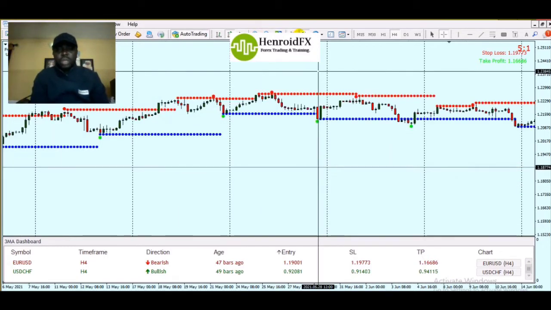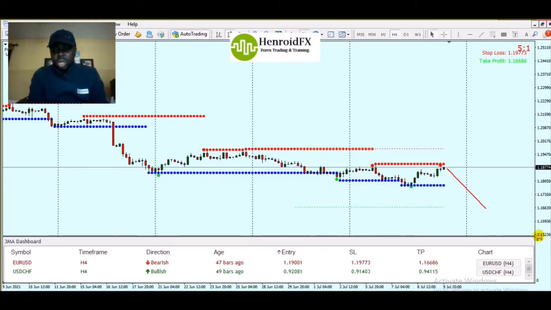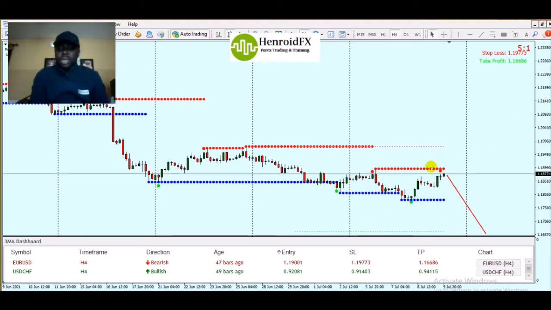Before I come in, take note, I will wait for a proof, a confirmation that this candle will be reversing. In other words, I'll be looking for a bearish candle, either an engulfing bearish candle, to prove or confirm that it is resuming the downtrend.